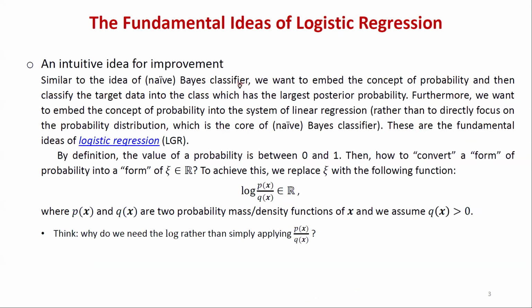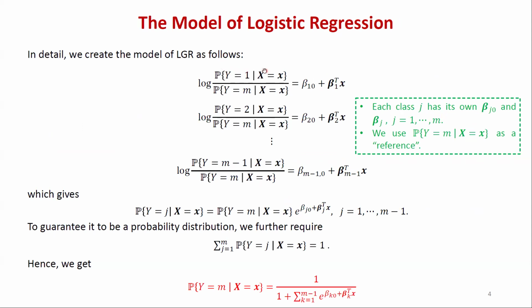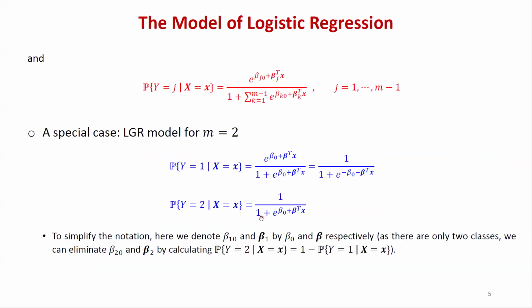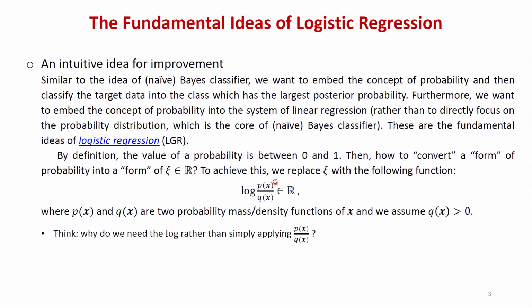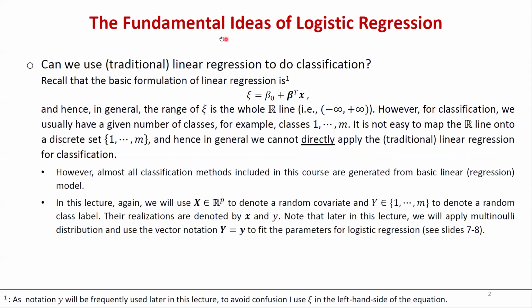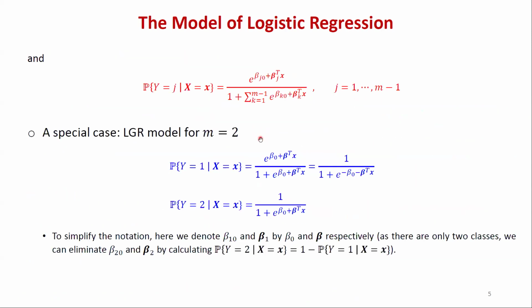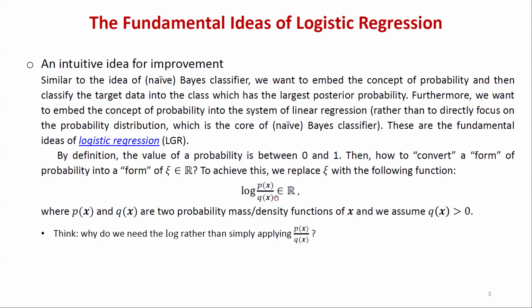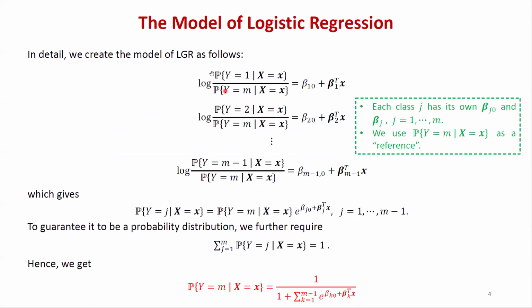So my Px is probability y equal to 1 given x, and my Qx, I fix it to be the last class. So let me write it here. This is for C1, and C1 means class 1, class 2, up to class m minus 1.